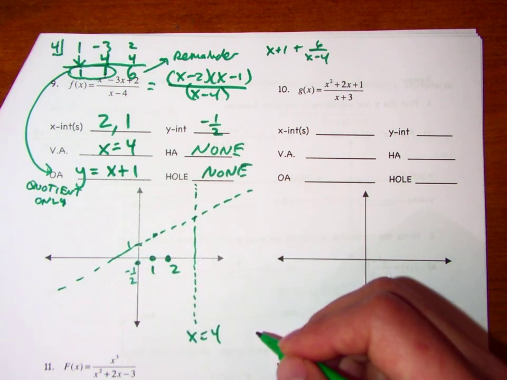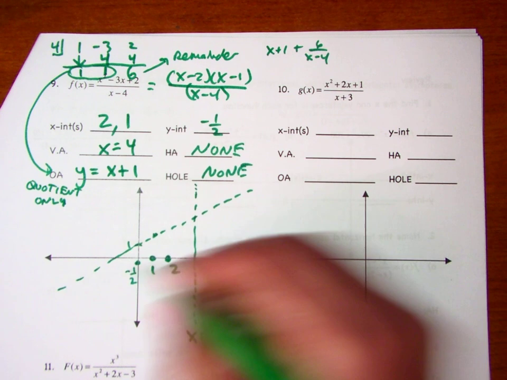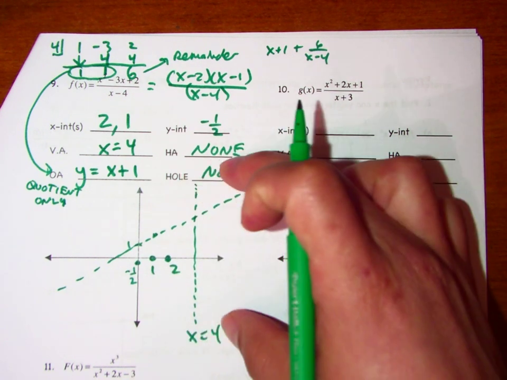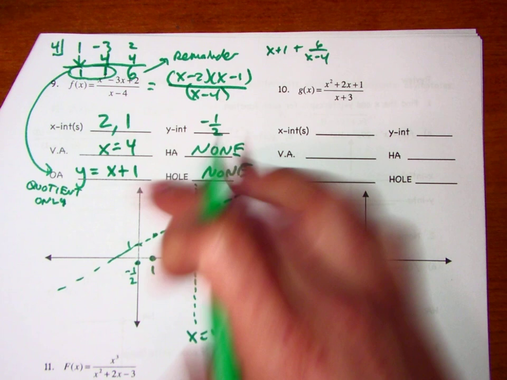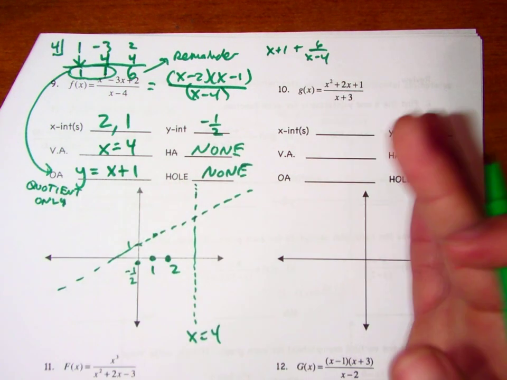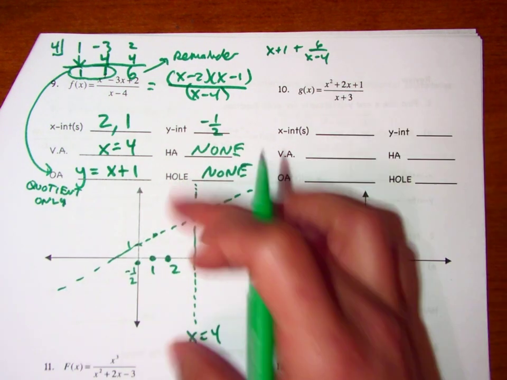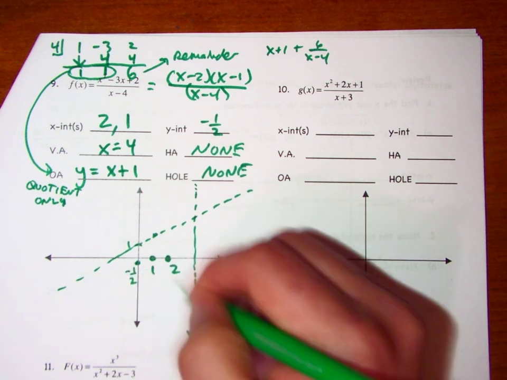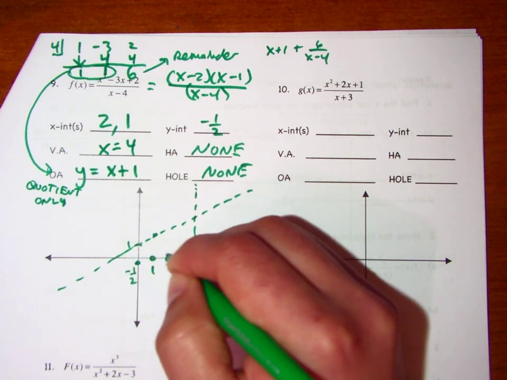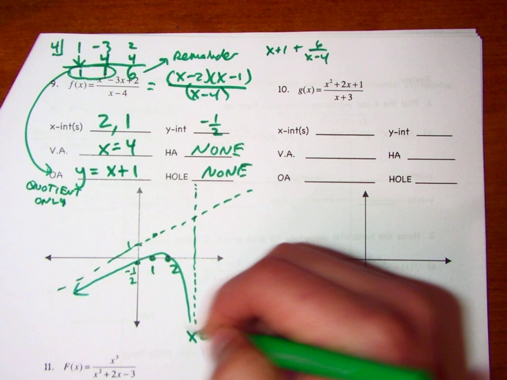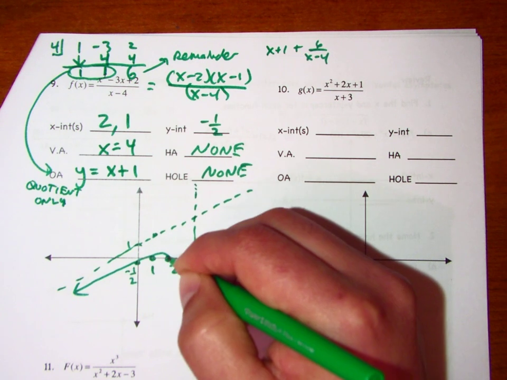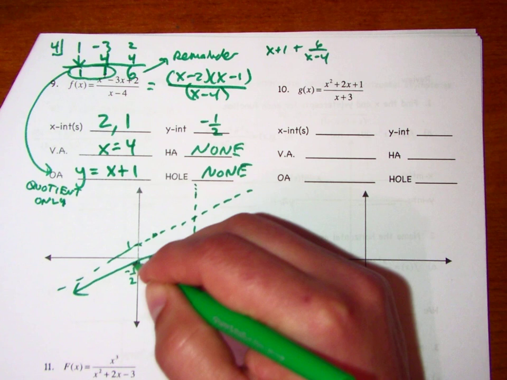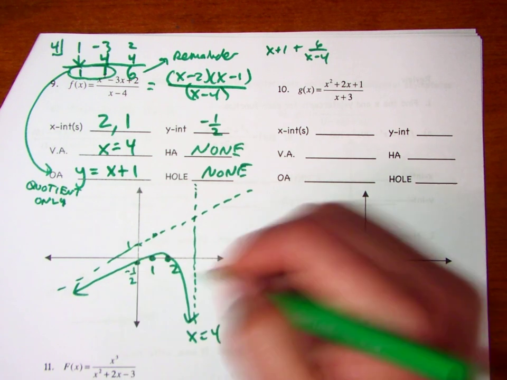Based on what I'm seeing here, I need two branches. There's one asymptote, so there's got to be two pieces to the graph. If there are two asymptotes, there's going to be three pieces to the graph. There's always one more than there are vertical asymptotes. On this side, the only thing that would make sense is for it to do something like this. It's got to hit the x-intercepts, and then it's got to come back and hit the y-intercept, and it's got to stay close to that oblique asymptote.